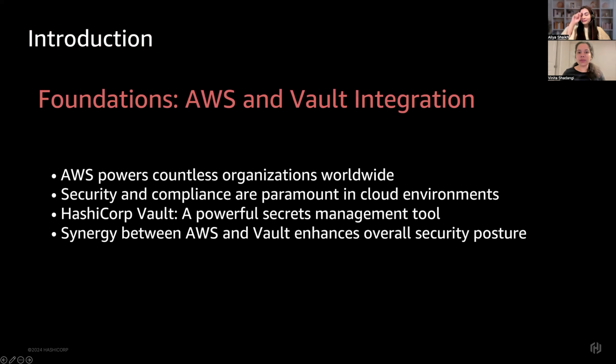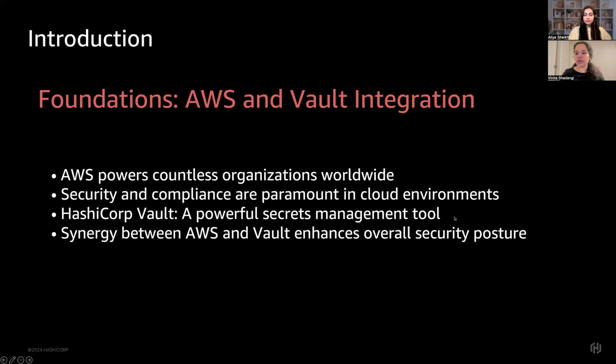So now let's talk about foundations of AWS and Vault integration. AWS and HashiCorp Vault integration represents a sophisticated approach to secrets management and secure credential handling, specifically for cloud environments. This integration enables organizations to centralize and dynamically manage AWS credentials through Vault's robust secrets engine, providing enhanced security and granular access control.